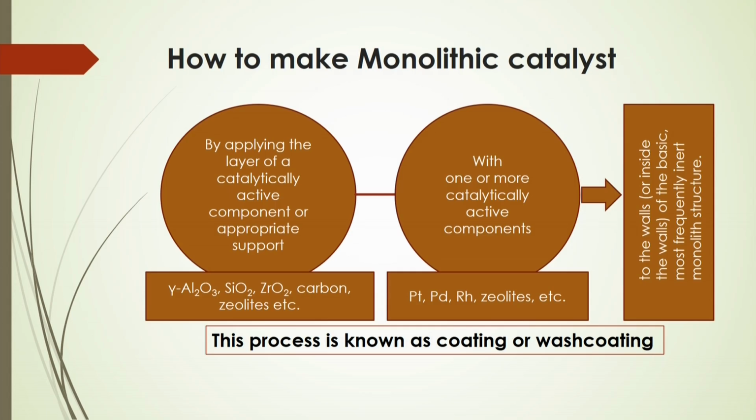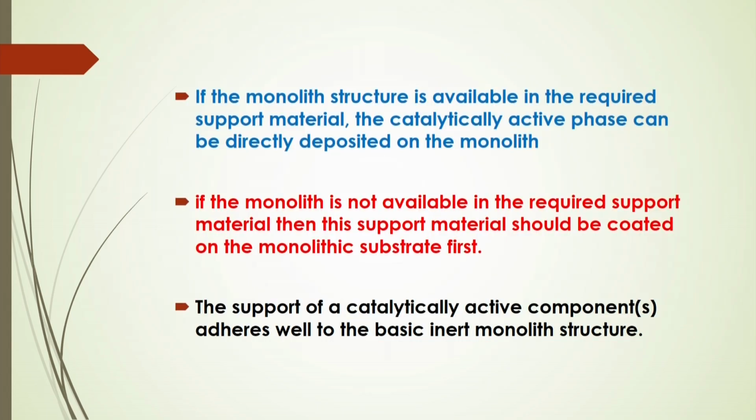So, this process is sometimes called coating or wash coating, and in this case it will be done to the walls, so that the catalytic layer will be produced, and then you can use it as a catalytic reactor for chemical engineering processes.